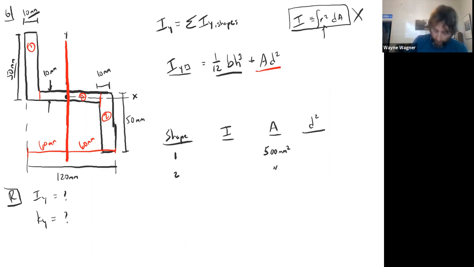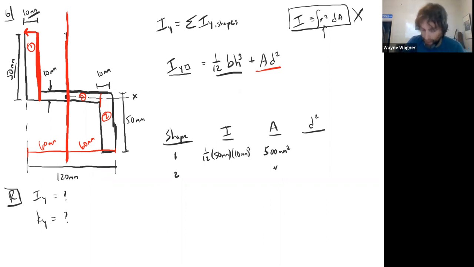In this case, your base is this guy, and your height is going this way. Your height is always going away from the axis you're taking the moment around. So in this case, this is going to be 1/12 the base, which would be 50 millimeters, and the height is going to be 10 millimeters cubed.